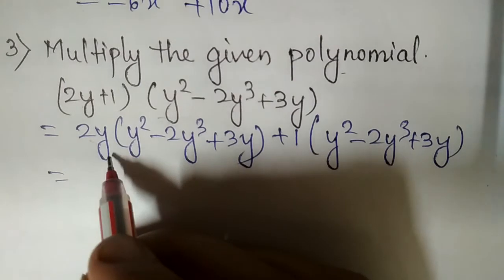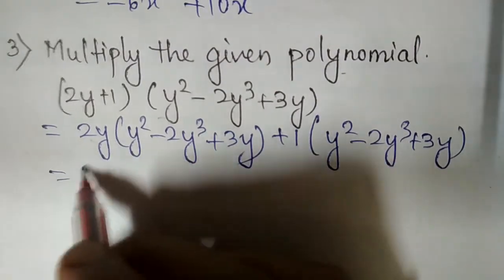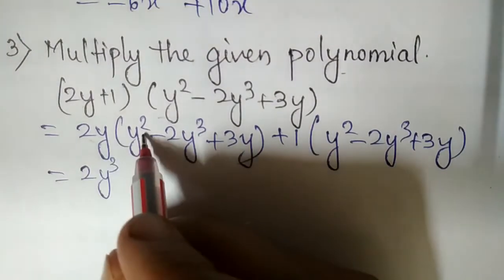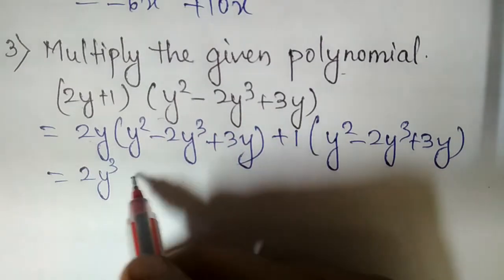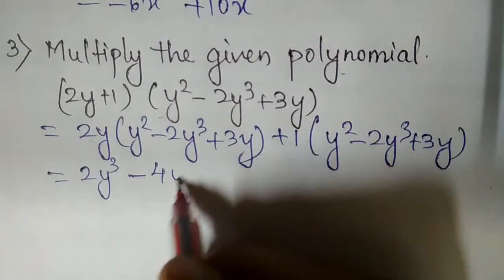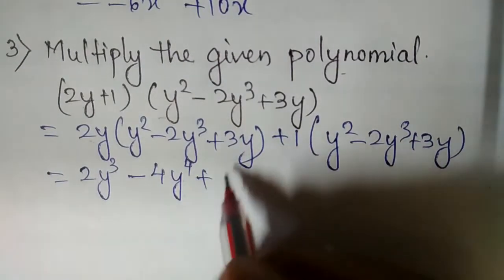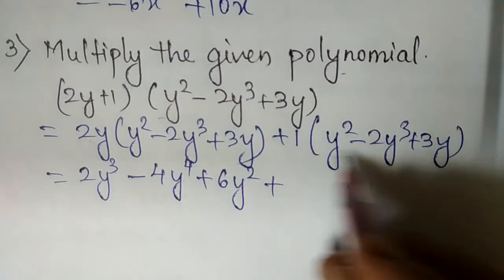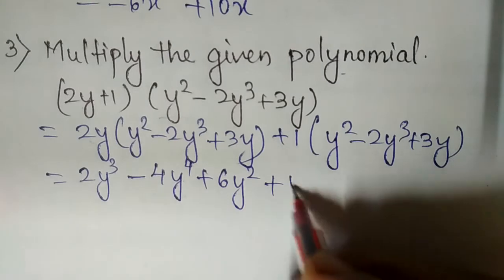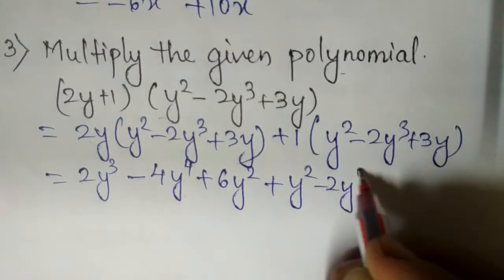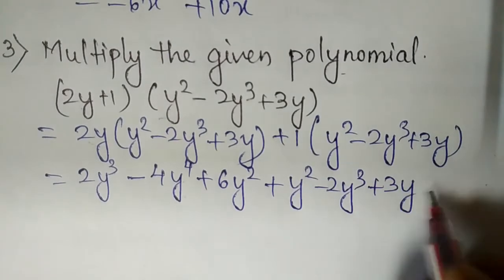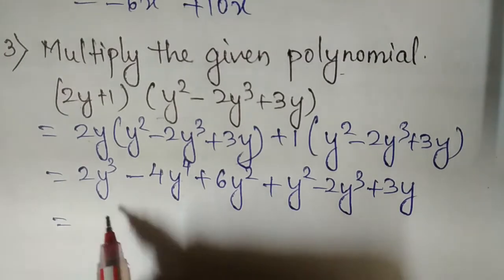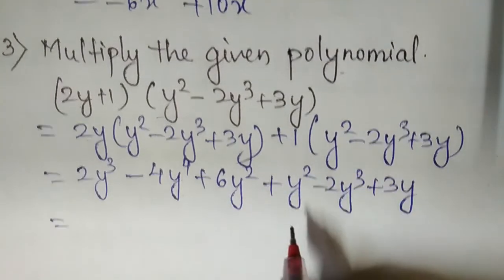Now we will remove the brackets: 2y cube, and here y square. Similarly minus 2 times 2 is minus 4, y raised to 4. Then plus 3 times 2 is 6y square. And here 1 is multiplied, so you will write it as it is: y square minus 2y cube plus 3y. Now just pair the same degree, that is the like terms.